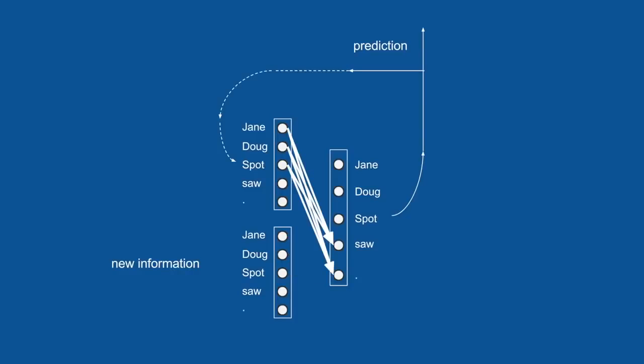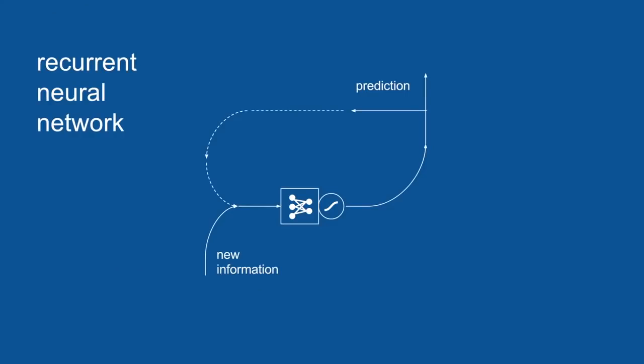Similarly, if we had predicted a name on the previous time step, we would expect those to vote also for the word saw or for a period. And then by a similar method, anytime we come across the word saw or a period, we know that a name has to come after that. So it will learn to vote very strongly for a name, Jane, Doug, or Spot.